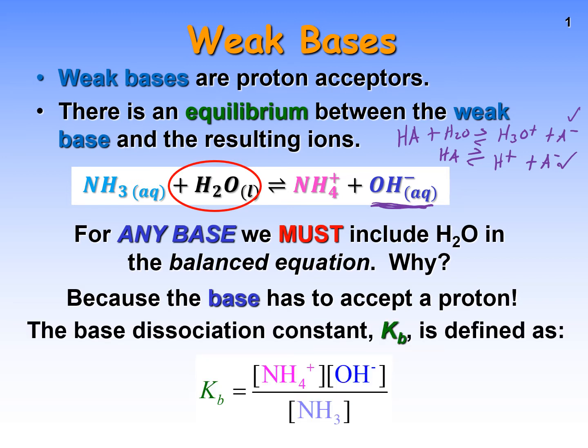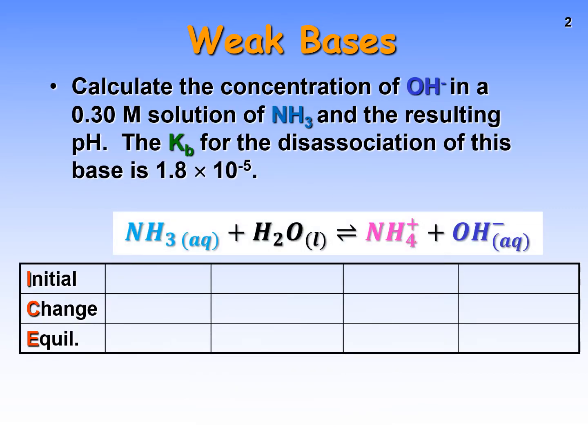Now, we define the equilibrium constant for weak bases as a Kb value. So Ka is for weak acids, Kb is for weak bases. Again, it's still just a regular equilibrium constant, NH4 plus times OH minus divided by NH3 in this case, or just, products over reactants.